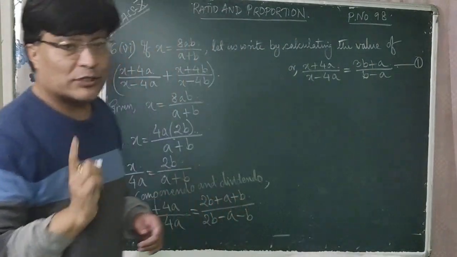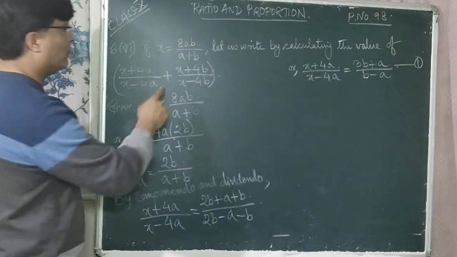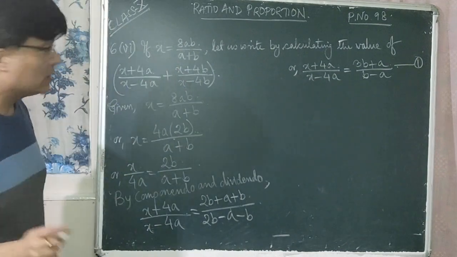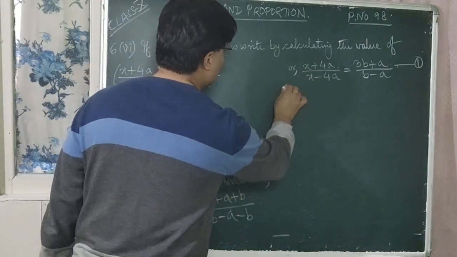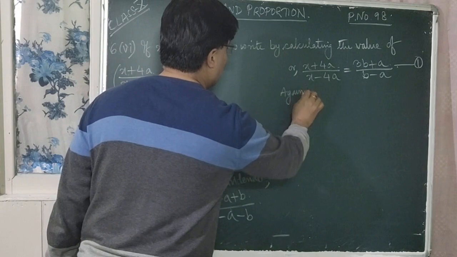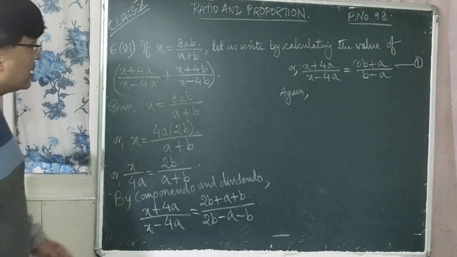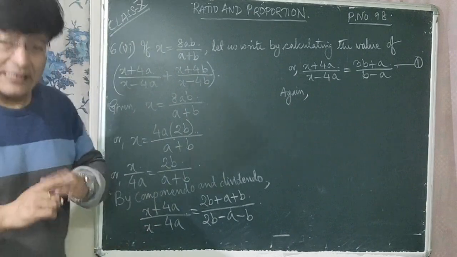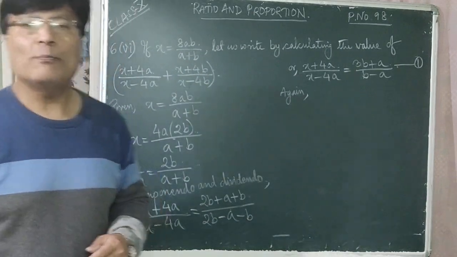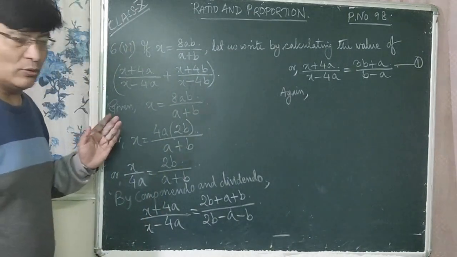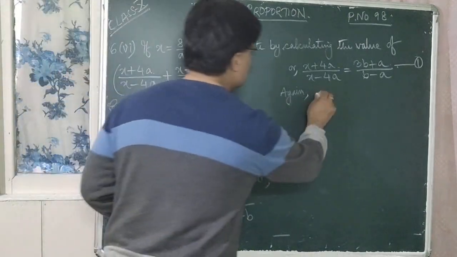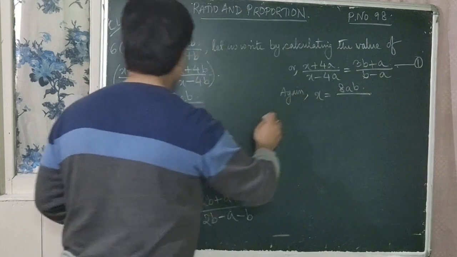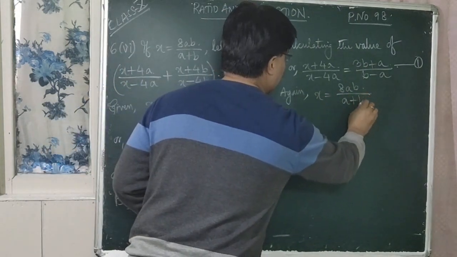Okay. Now similarly, you can get the value for x plus 4b divided by x minus 4b. So again from the given part, we can get the value for x plus 4b upon x minus 4b similarly by using componendo and dividendo. So again x is equal to 8ab divided by a plus b.